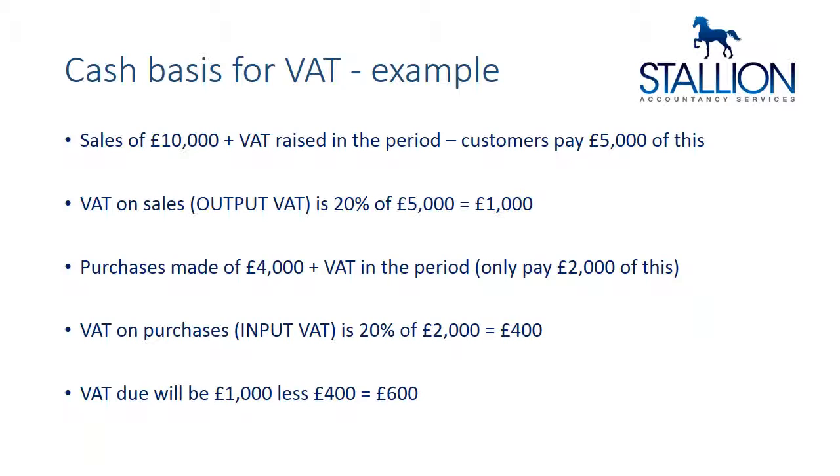So in this particular example, the VAT due will be 1,000 less the 400, which is only £600, which is significantly less than the same example calculated on an invoice basis.